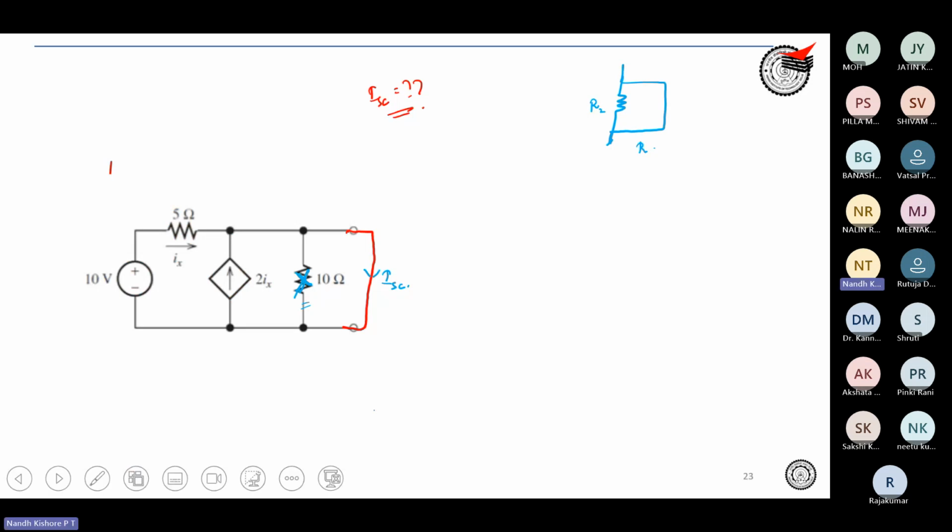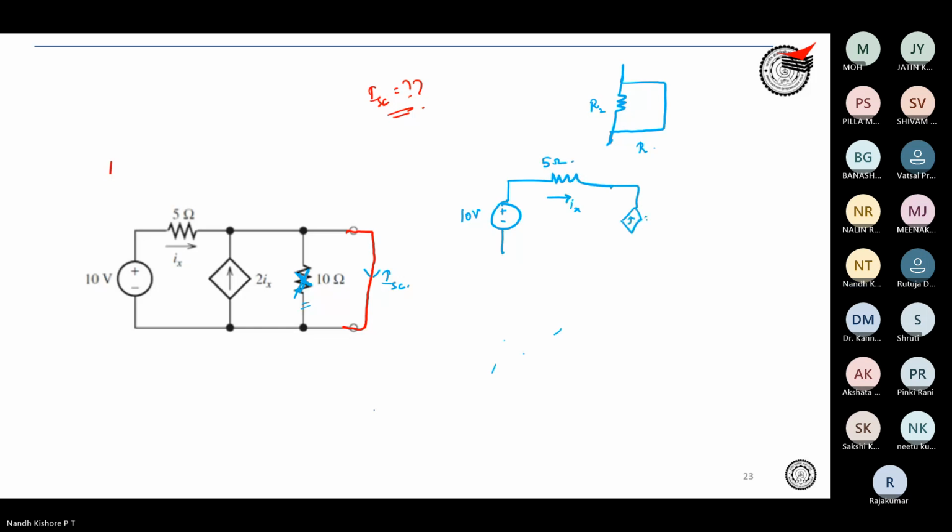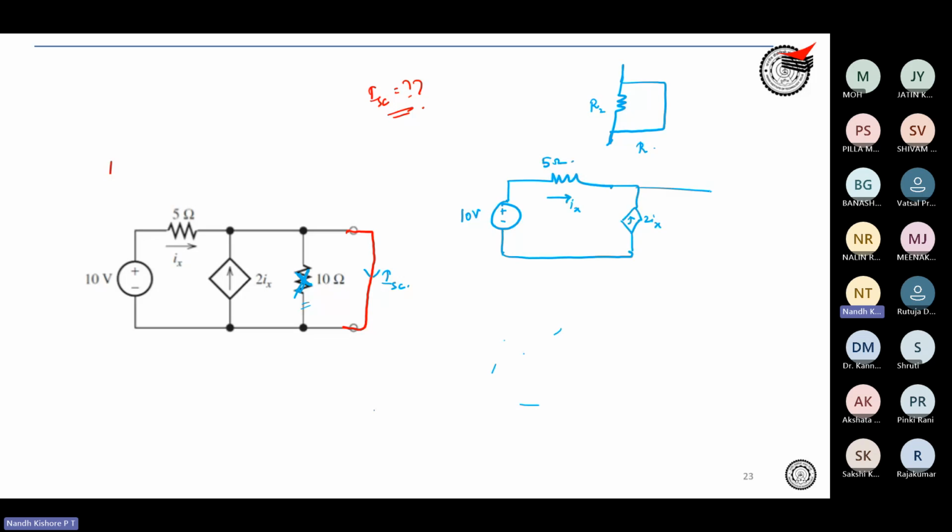So if I draw the equivalent network, your network is going to be basically 10 volt, 5 ohm, Ix flowing over here, and then 2Ix coming like this, and then you have a direct short.